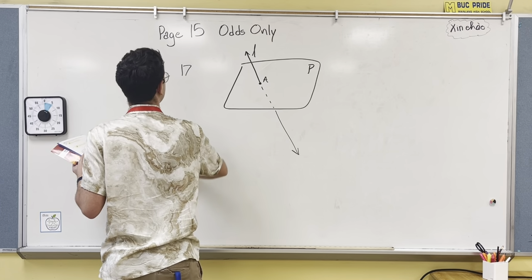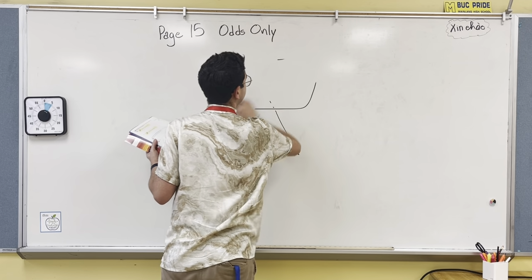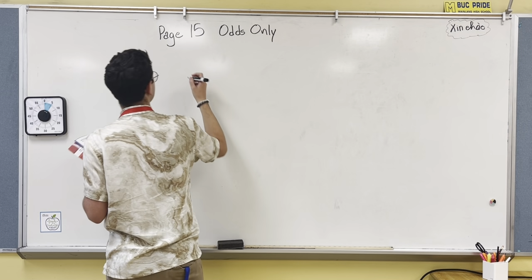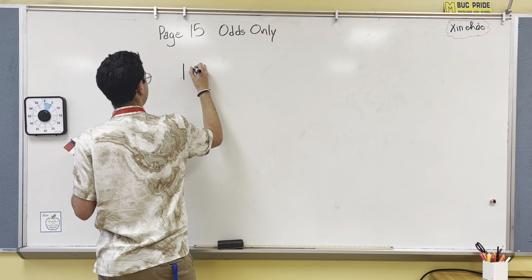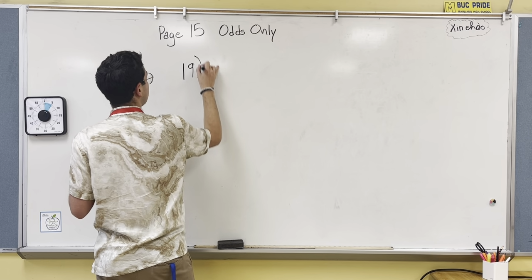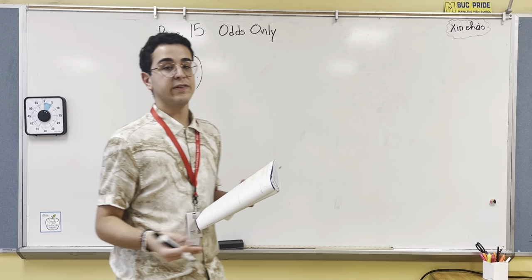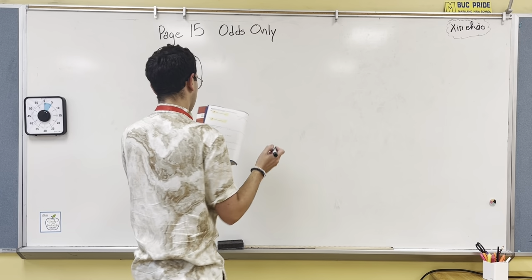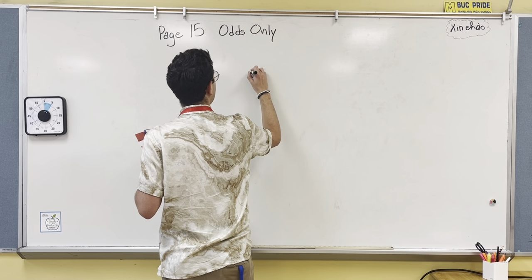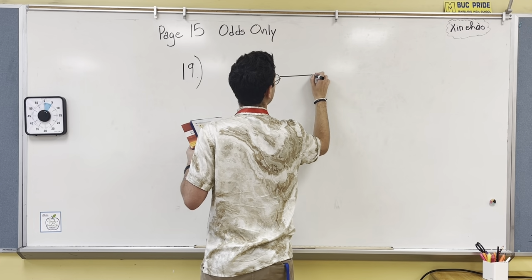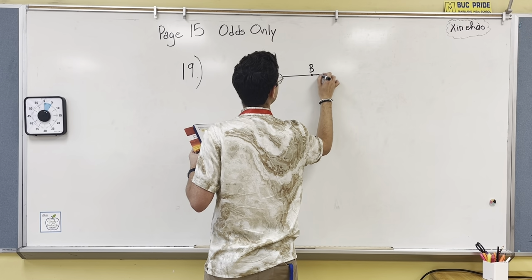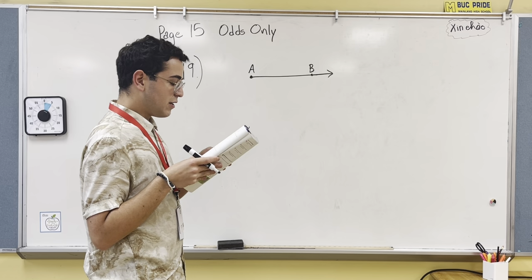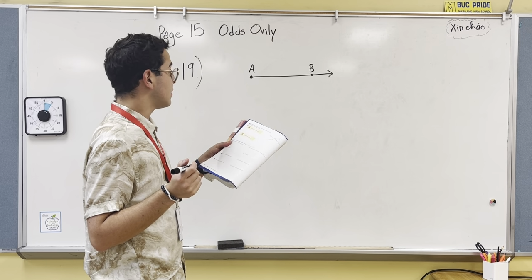Now, we're going to go ahead and do number 19. For these questions, 17 through 23, we can use our imagination and get a multitude of answers. I'm just showing the first thing that comes to mind. So we have ray AB, continuing on forever after B. We also have line AC.